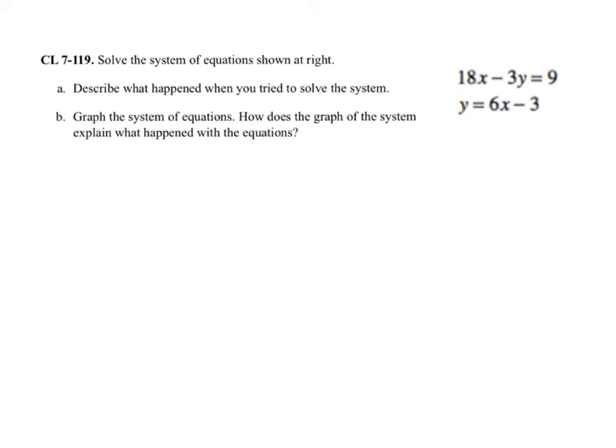I would again use the substitution method here. And let's see what happens when I do that. So I would get 18x minus 3. Now I substitute in for y, 6x minus 3, and that equals 9.